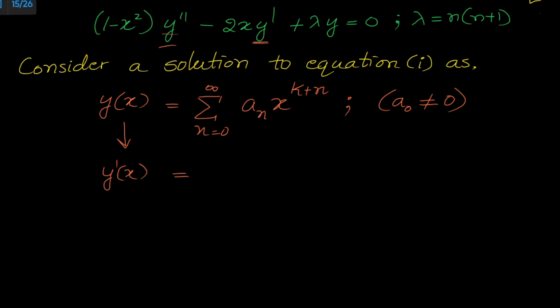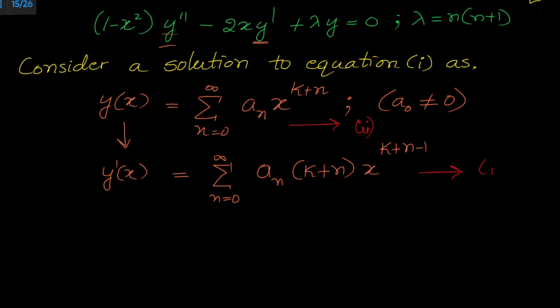Now, y dash of x is summation n is equal to 0 to infinity, constant into function, so a_n (k plus n) into x raised to k plus n minus 1. Let us consider this equation as 2 and this one as 3.